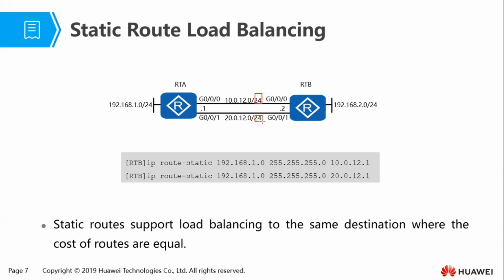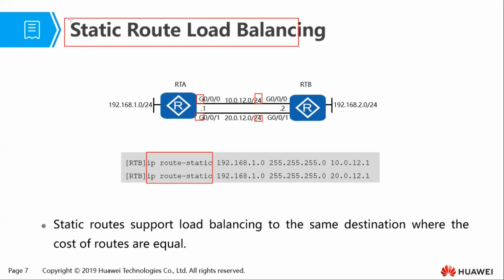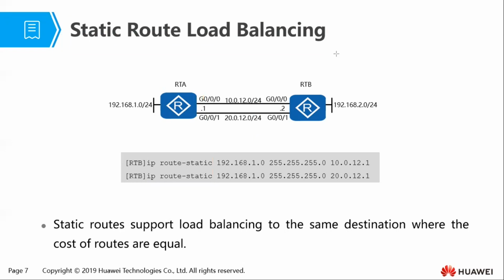They have the same preference because both of them have been configured using static routes. And they also have the same cost because both of them are using gigabit Ethernet links. So as we said in the previous chapter, if they have the same everything, then the routers are going to do load balancing. So I hope that is clear.